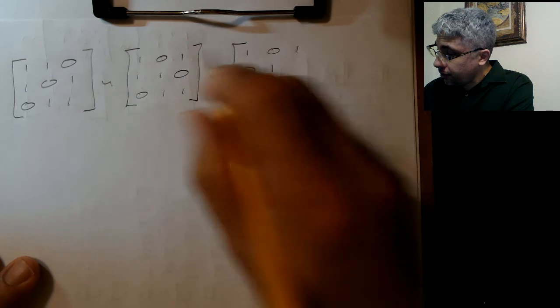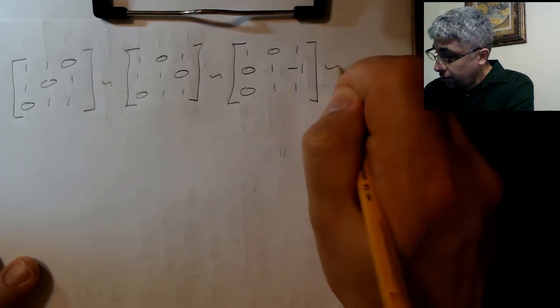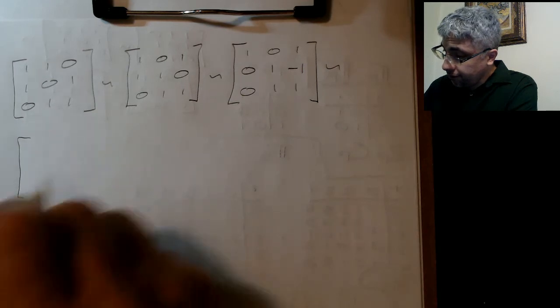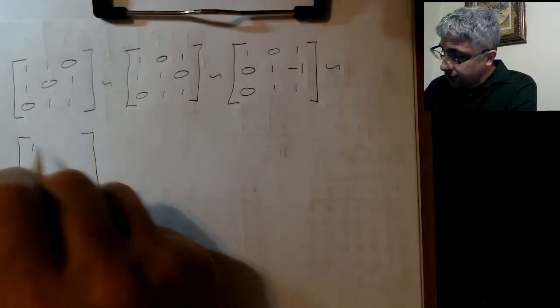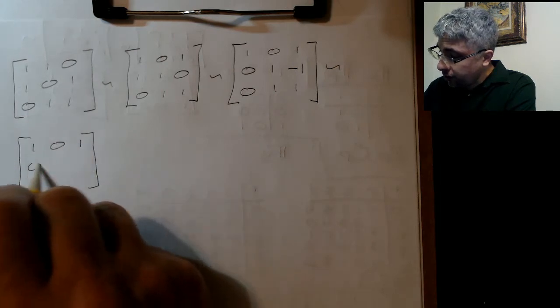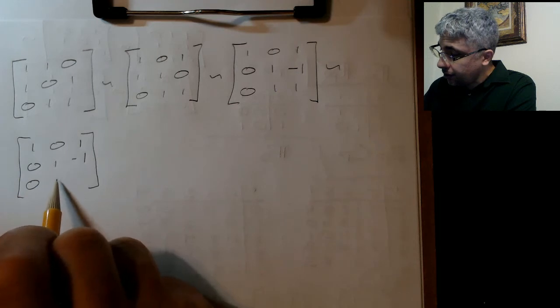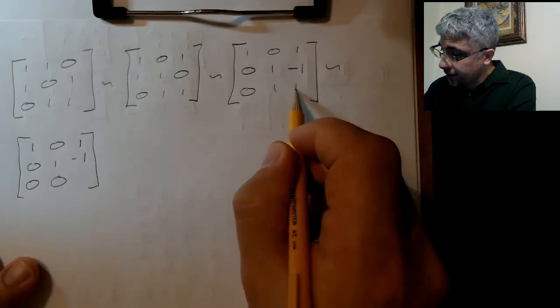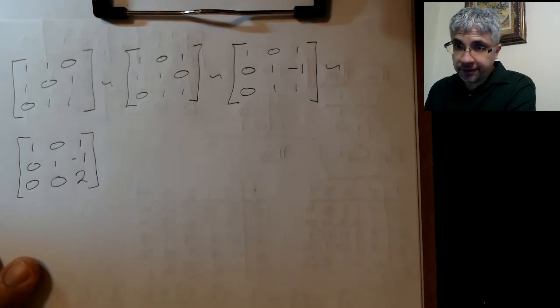So I have 1, and now I have a minus 1, which is not equal to 1. And then I'll subtract this row from this row. I get 1, 0, 1, 0, 1, minus 1. And I get 0, 0 because I'm subtracting. And then 1 minus minus 1 gives me a 2 there.